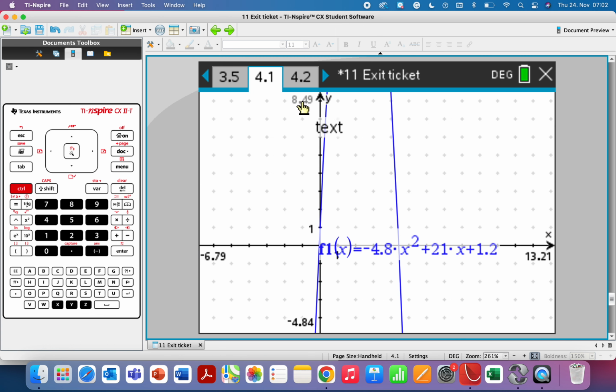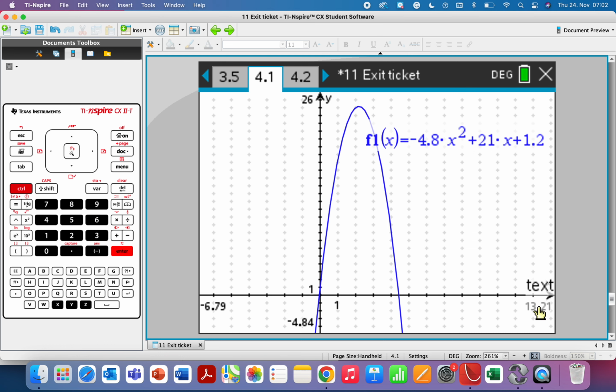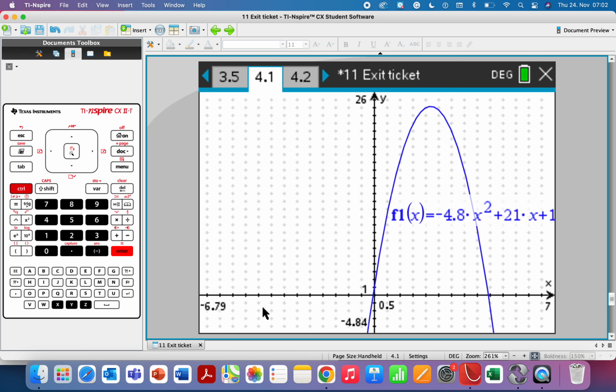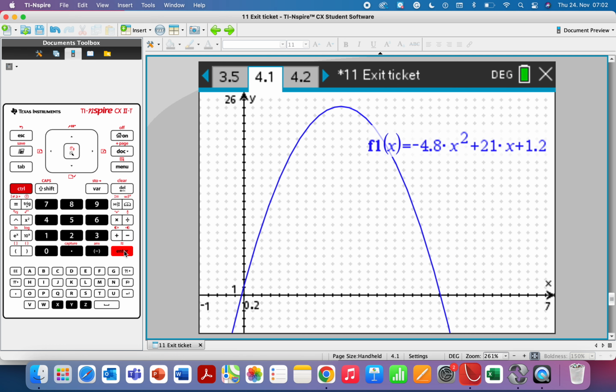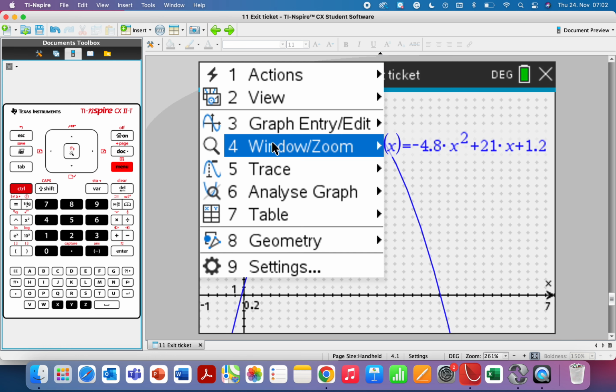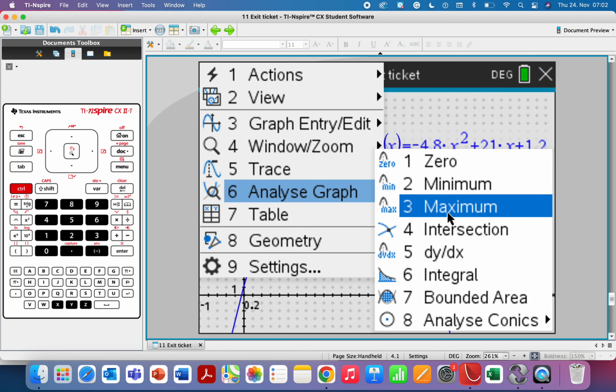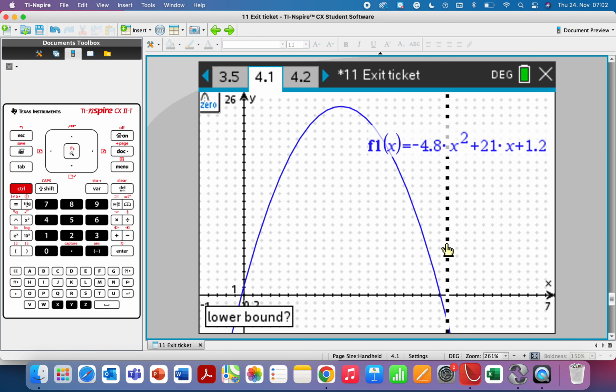And now I'm going to do this quickly. Double click 26. Double click on the X. I'm going to call 7. And that looks alright. Maybe negative 1. That looks great. Now menu, analyze a graph. Look at the 0. Click before, click after, and there we go.